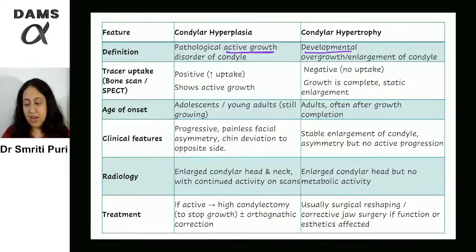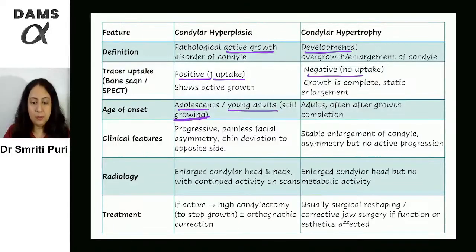Tracer uptake, very important. Condylar hyperplasia, since it's active growth, will show increased tracer uptake, and hypertrophy will show no uptake. Age of onset: condylar hyperplasia is especially seen in growing adolescents and young adults, and condylar hypertrophy is basically in adults, often after growth completion.